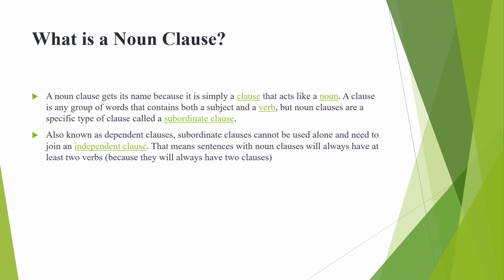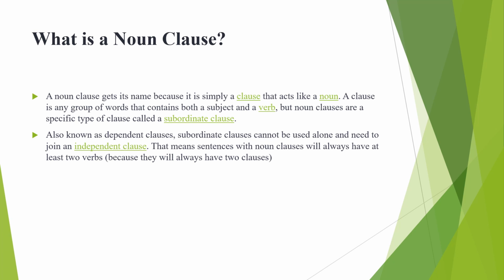Now here is the question: what is a noun clause, or how can we identify a noun clause in a sentence? A noun clause gets its name because it is simply a clause that acts like a noun. A clause is any group of words that contains both a subject and a verb.